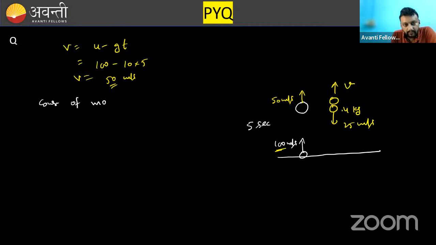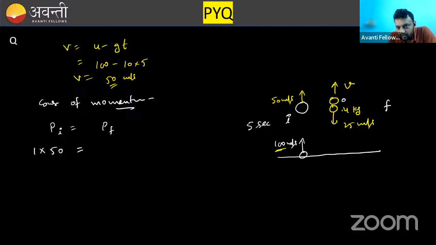Conservation of momentum. This is the initial situation and this is the final situation. So momentum initial should be equal to momentum final. Initial momentum is what? Mass is 1 kg and velocity is 50 meter per second, should be equal to one part of 0.4 kg and another of 0.6 kg.